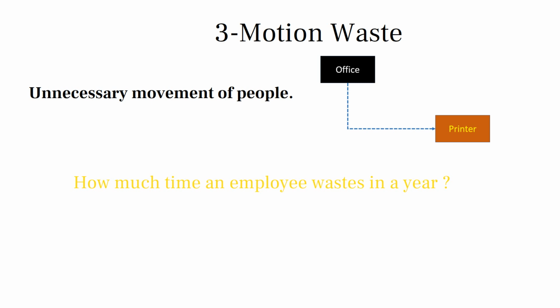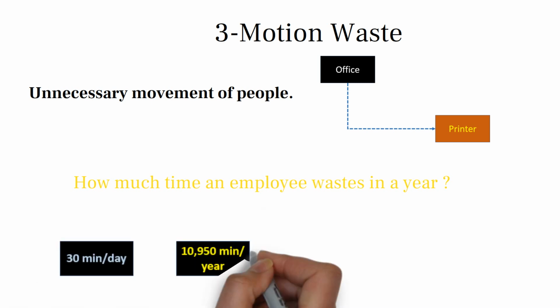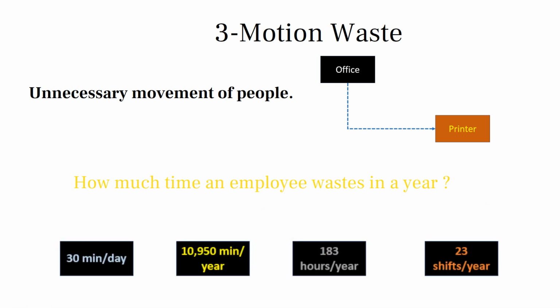30 minutes per day, if we multiply it by 365 days, it becomes 10,950 minutes. If we convert it into hours, it is actually 183 hours. And if we divide 183 hours by 8, it becomes 23 shifts.